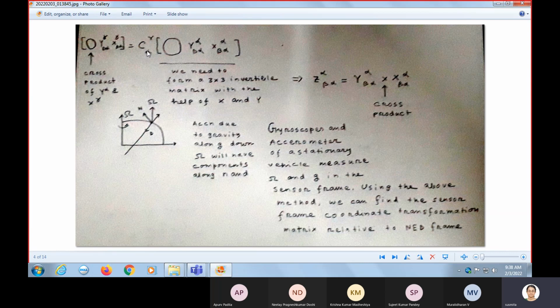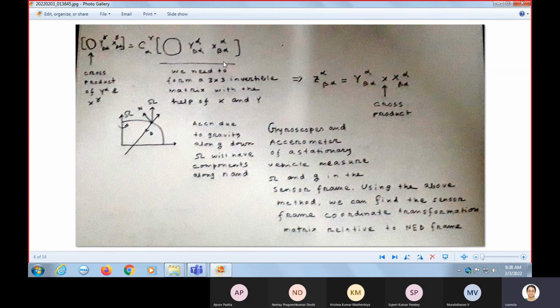Now we can go one step further. Instead of using what the gyroscopes and accelerometers measure in the sensor frame, we already know the orientation of the sensor frame with respect to the body frame, so we can do that transformation. We get the measurements in the sensor frame, and then if we multiply by the sensor to body coordinate transformation matrix, we can find them in the body frame.